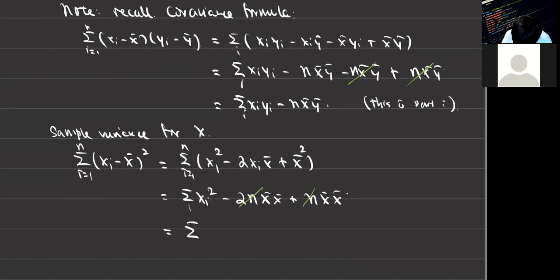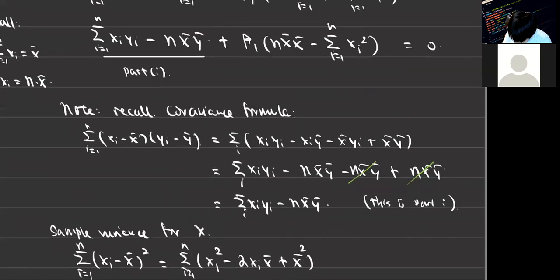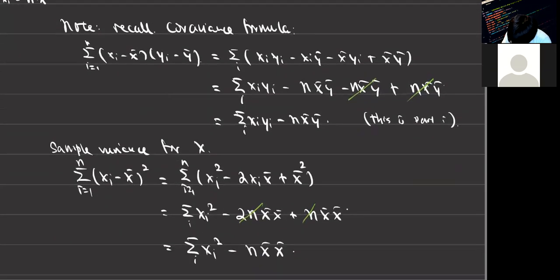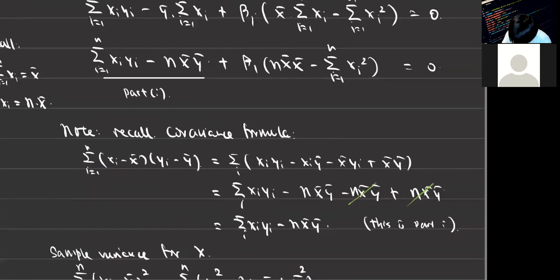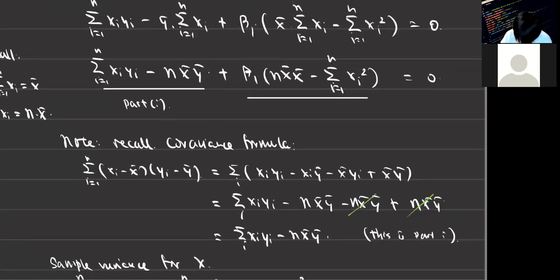And that makes our lives much better because that comes down to minus n x bar squared, which then you realize it's exactly this term. So I'm going to write that down. This is part 2, which is here, without the beta 1.